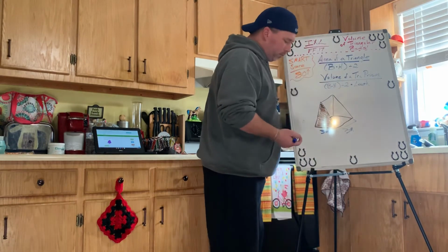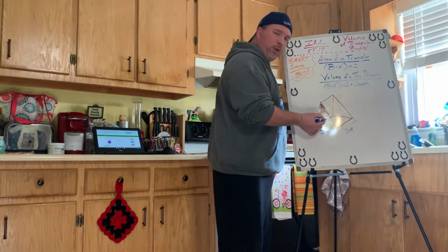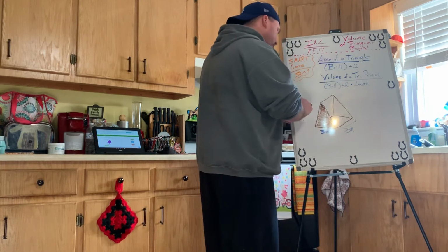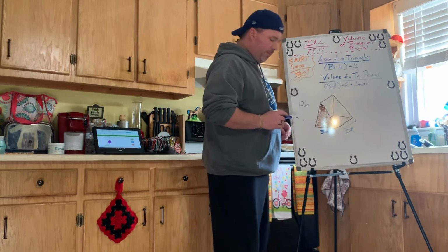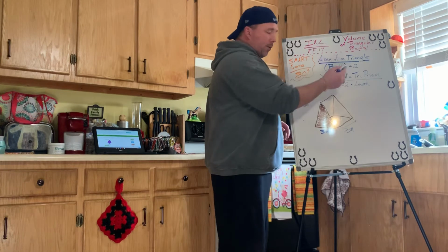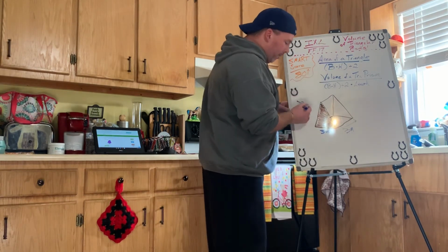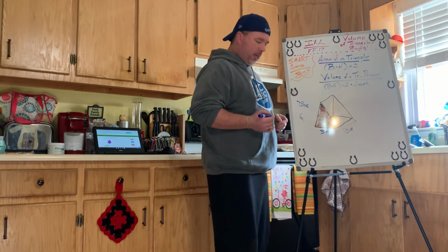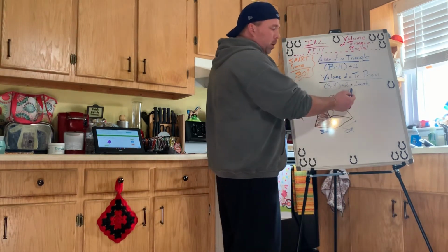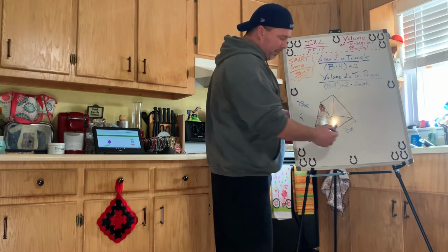Okay, so 3 times 4 is 12 meters. Okay, now remember, we did the base times height. Now it's time to cut it in half. What's half of 12? You got it. Half of 12 is 6. And now we take that and we multiply it by our length. 6 times 3.